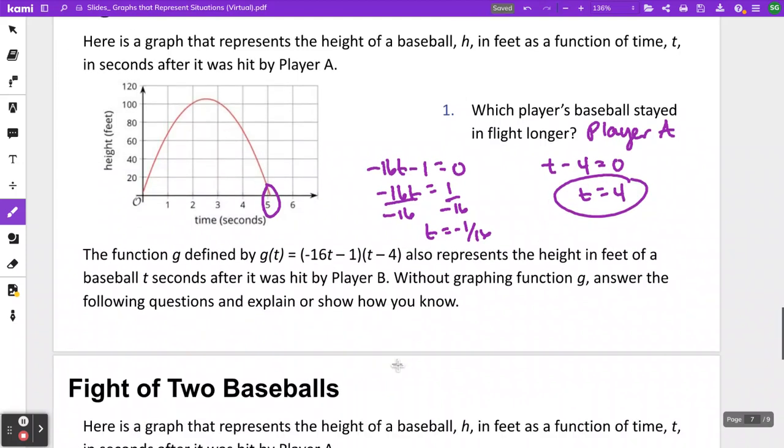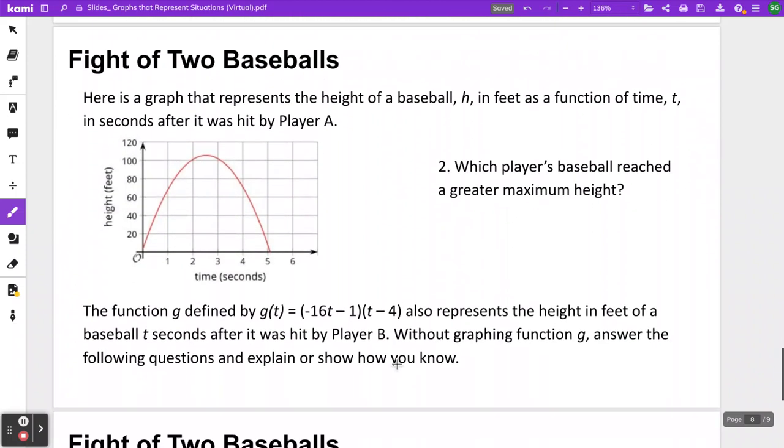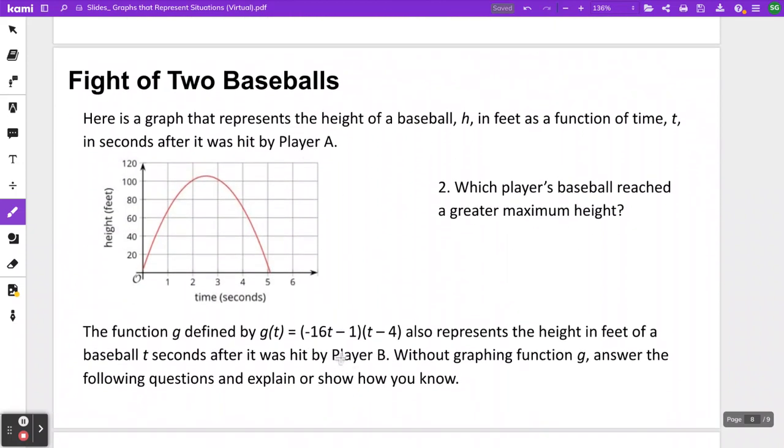Jumping to the next question here. Same story about player A and player B's baseball. This time I'm asking you which player's baseball reached a greater maximum height. Again, pause the video here, see if you can use all of this wonderful quadratic graph information we've learned to help you answer number 2.